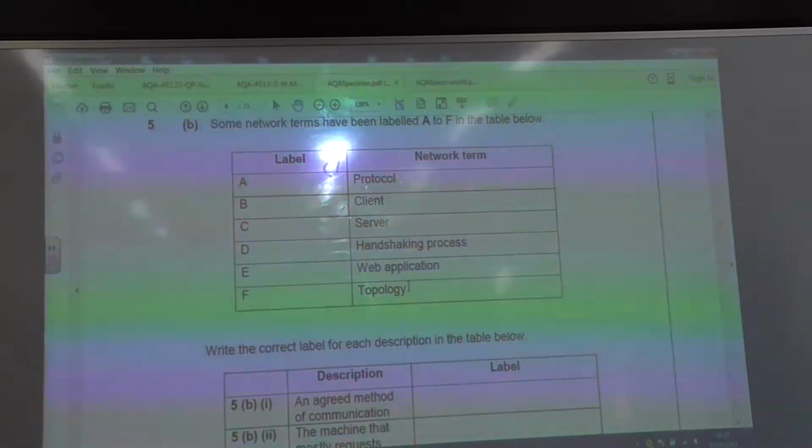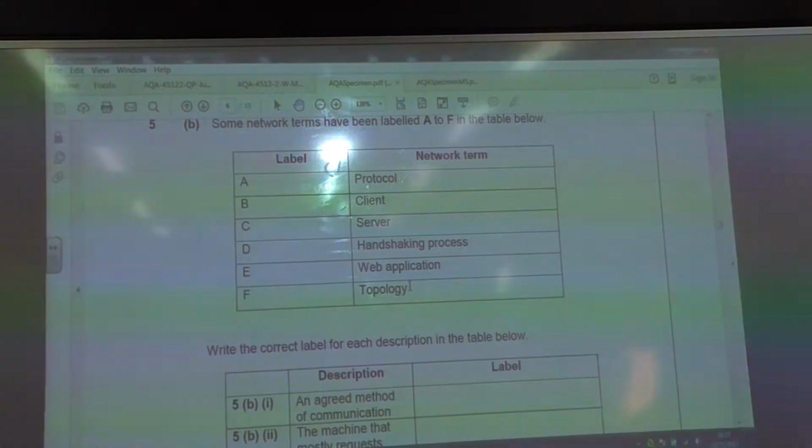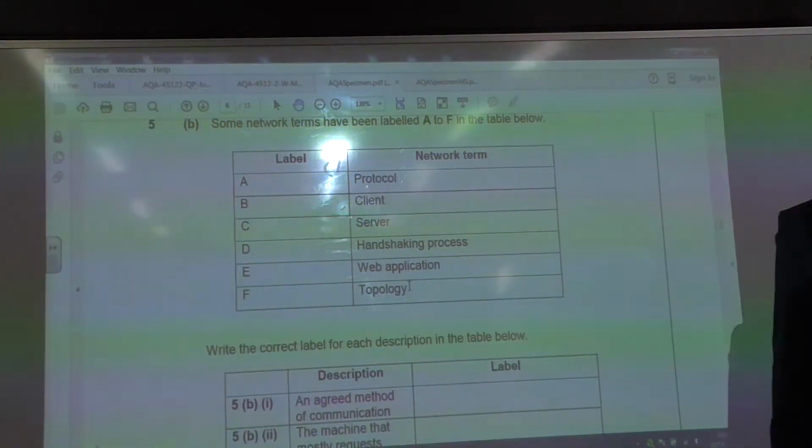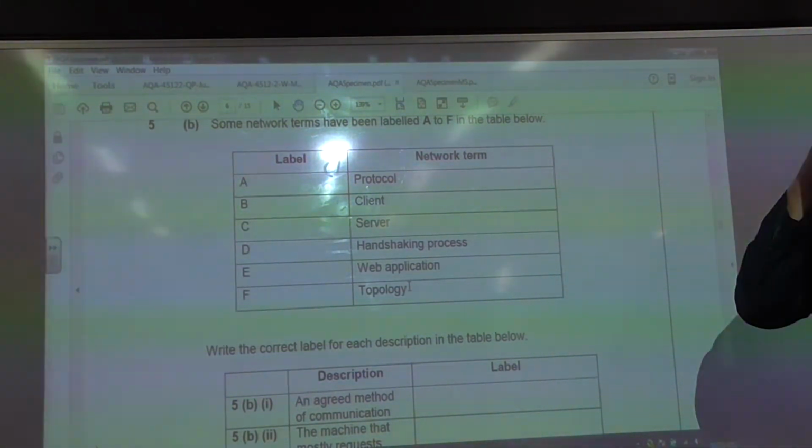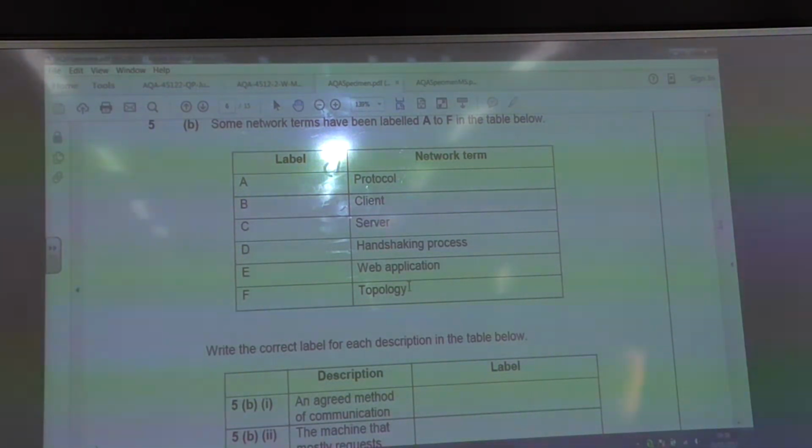When we get to about 5 minutes before the end of the lesson and you start getting twitchy, you don't start putting your stuff away until I say, then you put it in your bags, push your chairs in, and leave. The protocols cover everything. The handshaking process is just setting up the initial communication. So you could argue that you're following the protocols at first to set up the communication, but that's how they're different. Does that make sense? We get a lot of people mixing the two up.